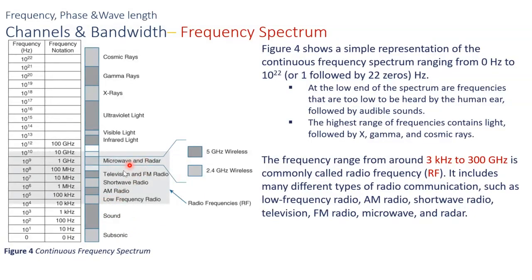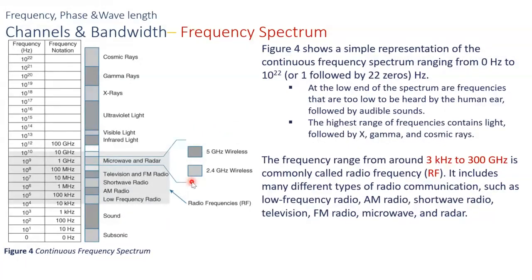Then here you have the range of radio frequencies, which includes the low frequency radio, AM radio, FM radio, microwave, radar, and it also includes the 2.4 gigahertz and 5 gigahertz frequencies. These two frequencies are used in wireless, in addition to the new one, which is the 6 gigahertz frequency.